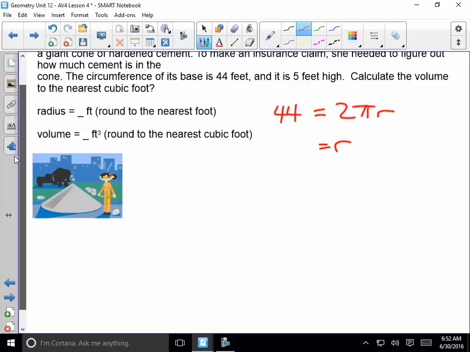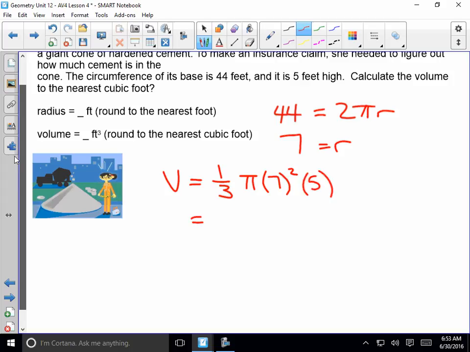And we get a radius. There is a small decimal at the end, but it's basically 7 feet for the radius of that cone. So now when we want to find volume, once we have the radius, we plug into our volume formula, 1/3 pi r squared times the height of 5.